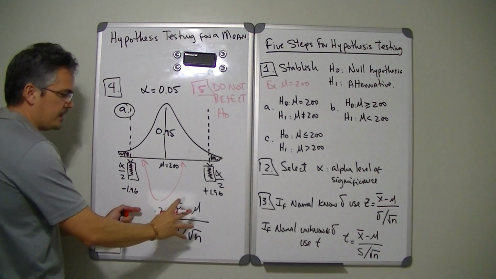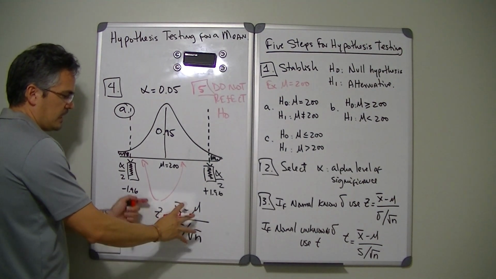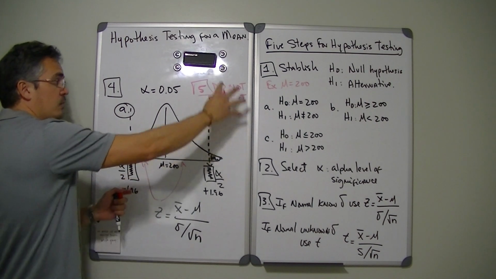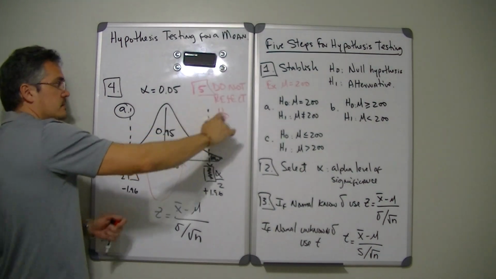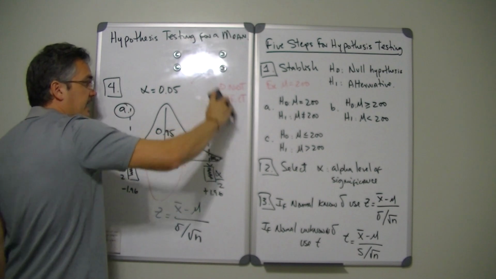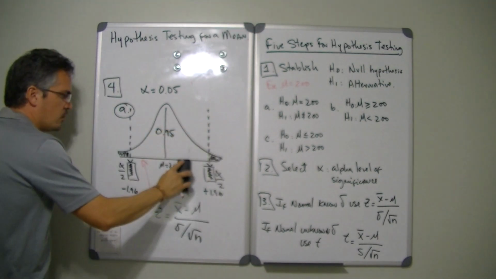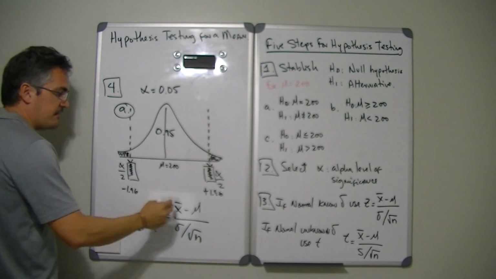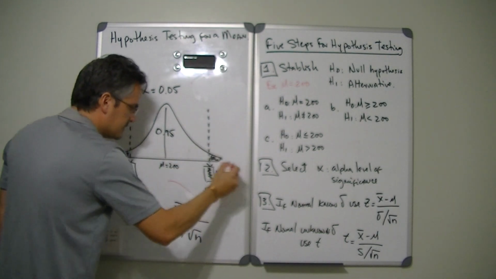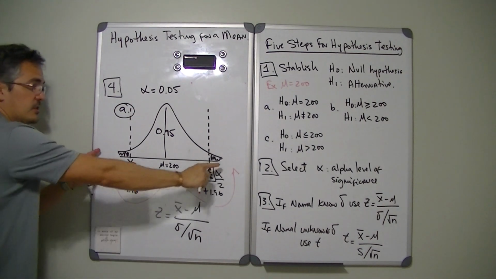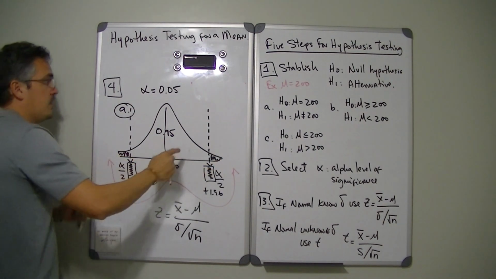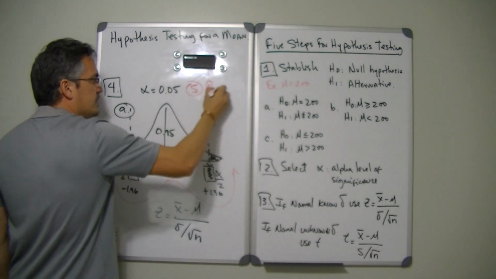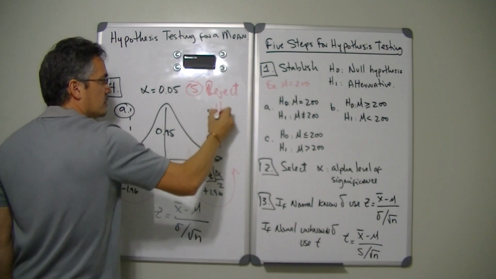That's again if we run our test statistic and the value that we get is inside this area. We say we do not reject H0 for step 5. If instead we take this value, and when we calculate this formula, the value is outside in our rejection area, then for step number 5, we're going to say reject H0.